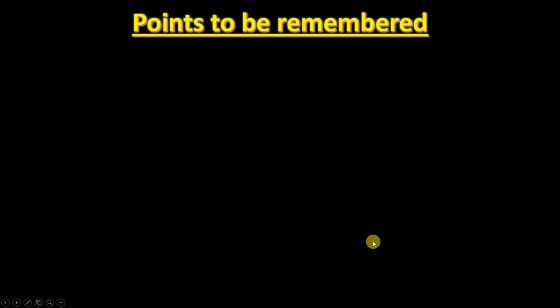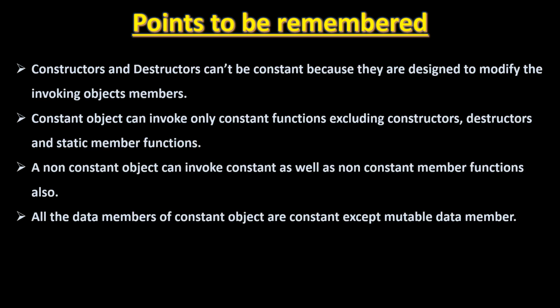So what are the points we have to remember with respect to constant objects? Constructors and destructors cannot be constant because they are designed to modify the invoking object's data members. Because of this reason, constant objects can invoke only constant functions, excluding constructors, destructors, and static member functions.